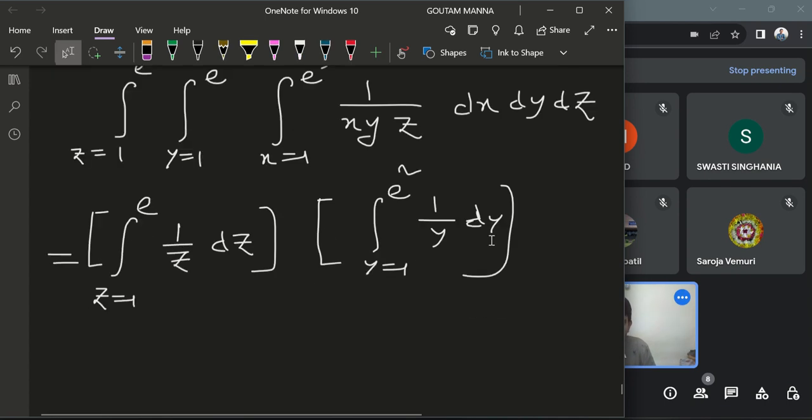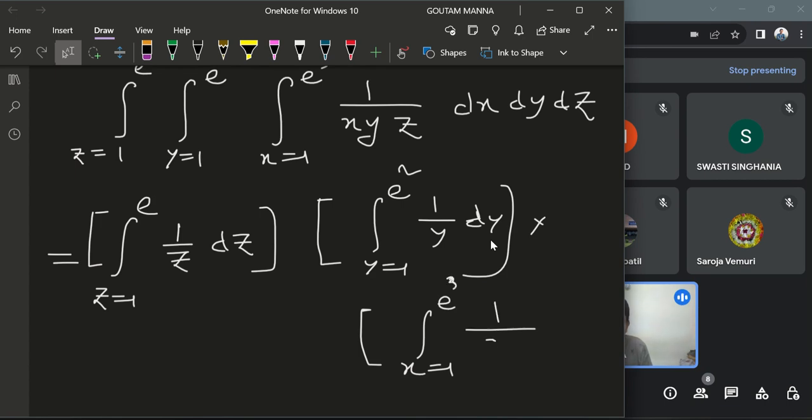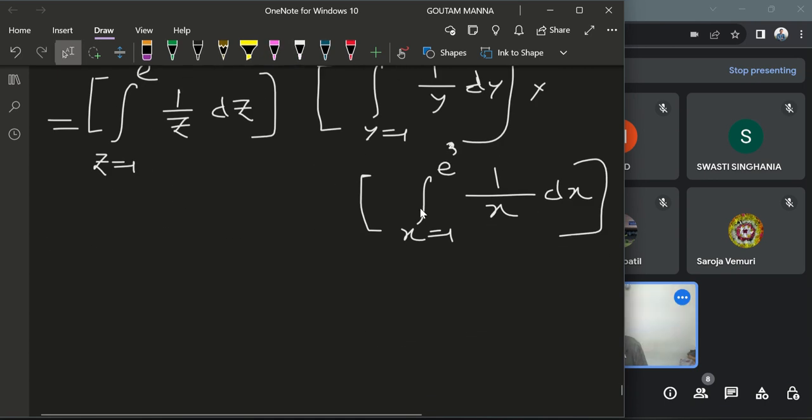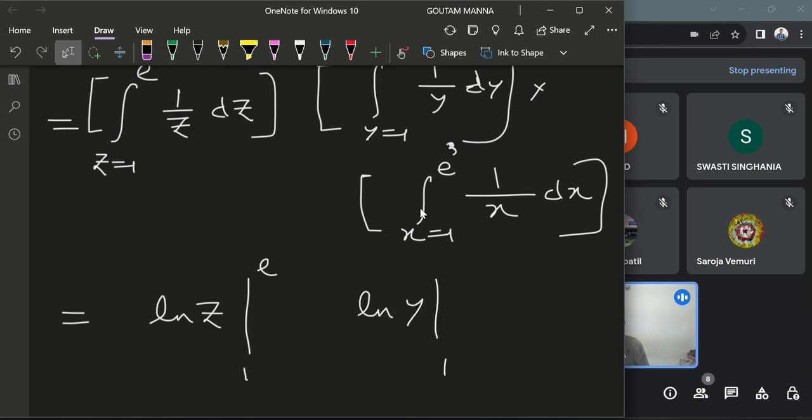And the last term will be x equals 1 to e cube, 1 by x dx. Now if I do the integration, it will be ln z from 1 to e multiplied with ln y from 1 to e square multiplied with ln x from 1 to e cube.